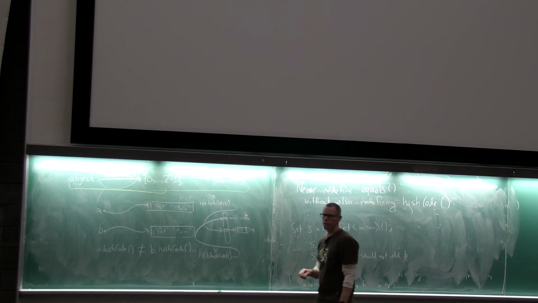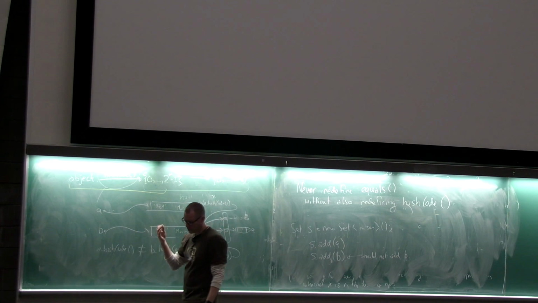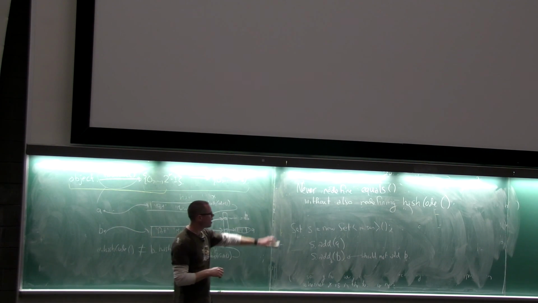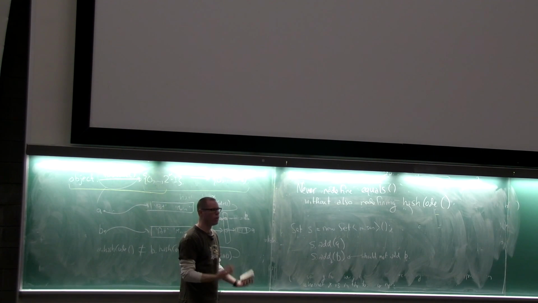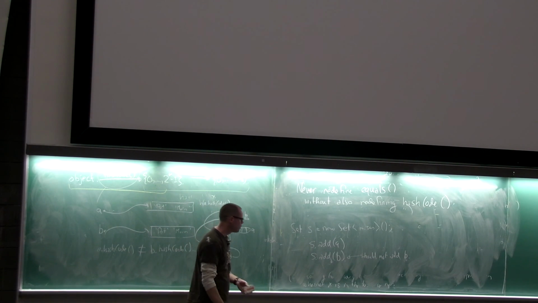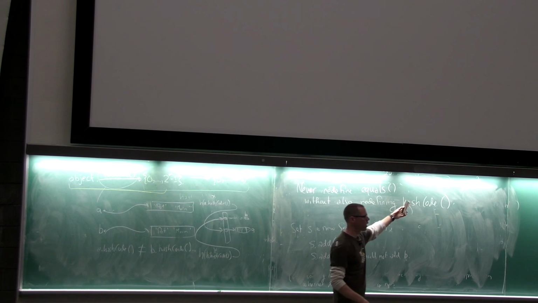If you redefine equals without redefining hash code, then everything stops working. All these data structures won't work the way they're intended to. In the next class we'll see how you define a good hash code for your objects.